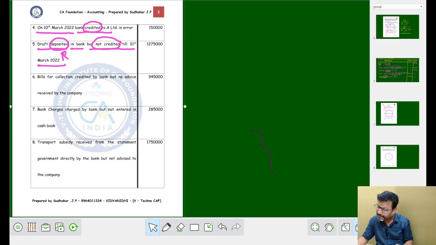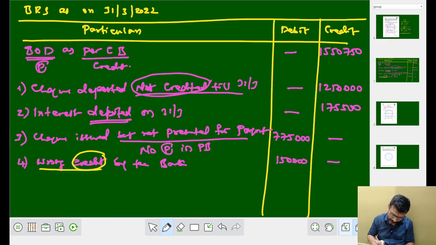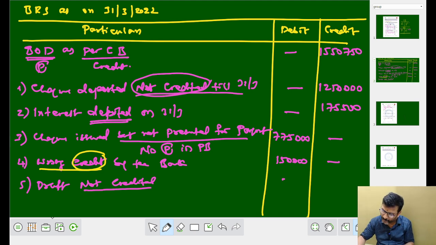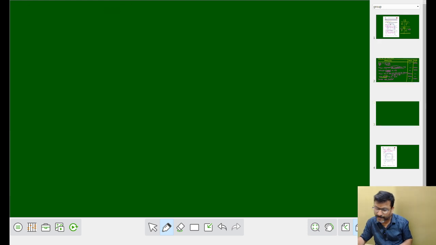That is a draft, point number 5, right? Draft not credited. Not credited means where we have to take it? We have to take it in the credit side with an amount of rupees 12,75,000. Now this page is completed.